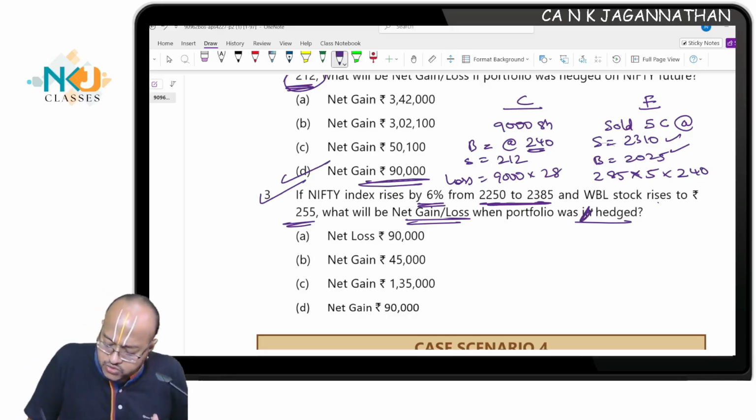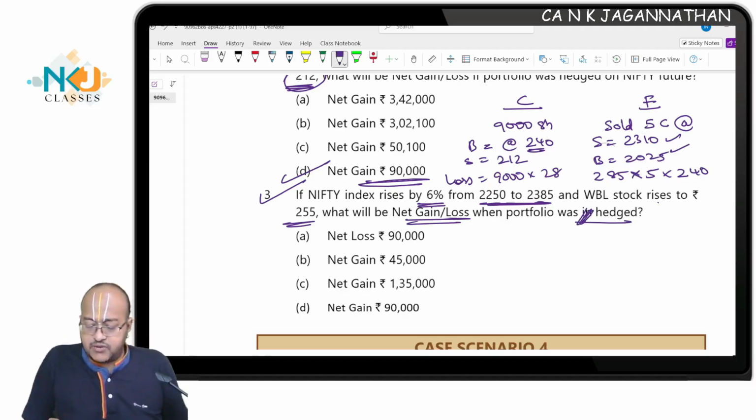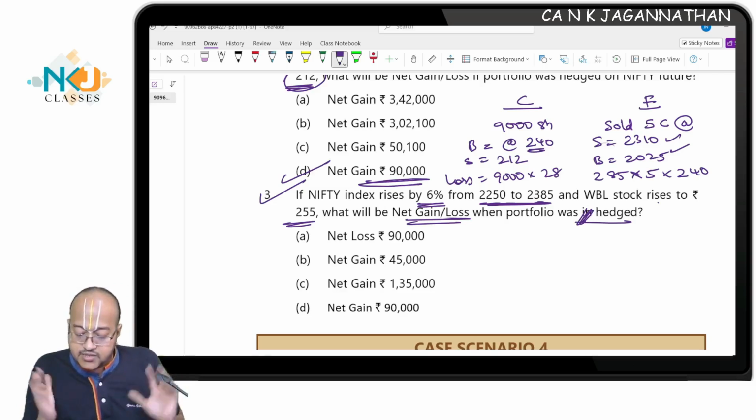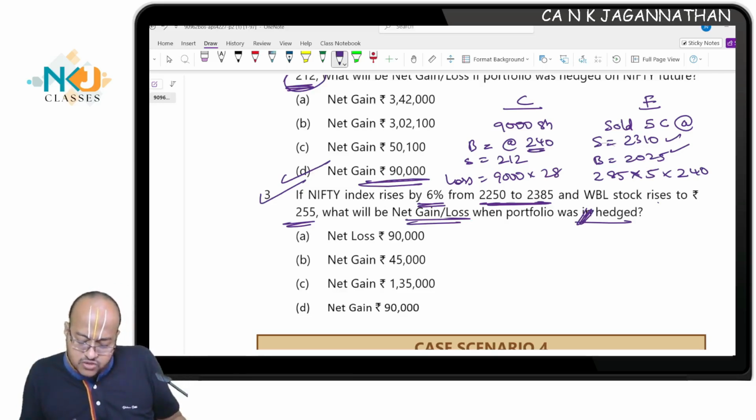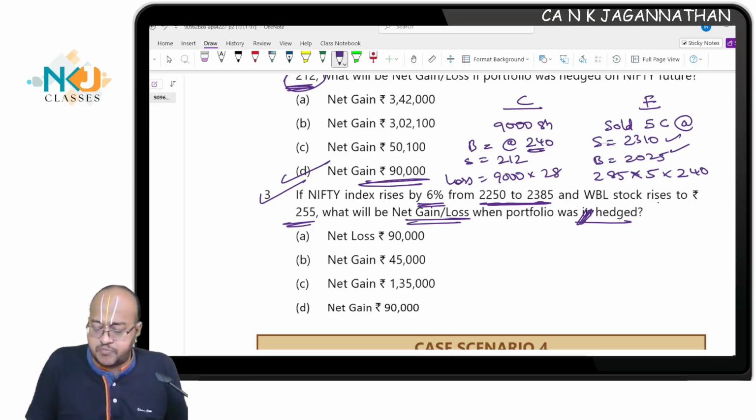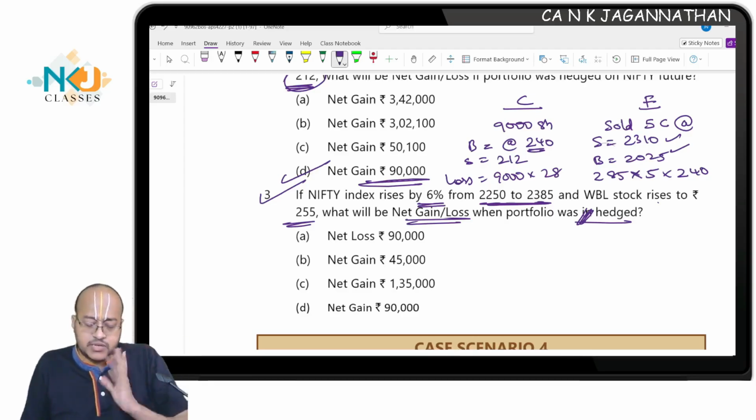I think this is wrongly given here. We will see. It is unhedged. I'm not getting the clarity. Some printing mistake is there. We will try and see how it is solved.